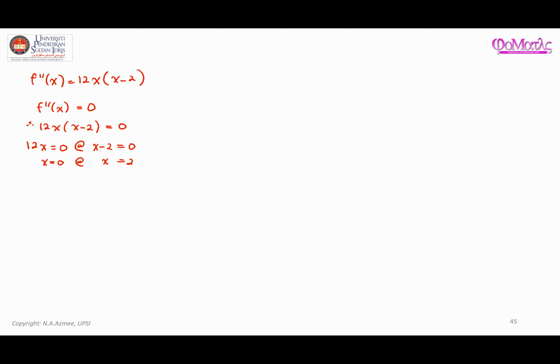So next what we are going to do is construct the intervals based on these two points that we obtained. So this one and this one. We're going to construct the intervals in order to determine the concavity of the graph.